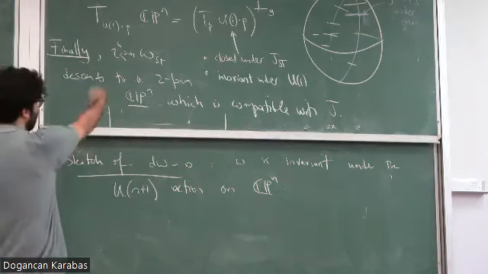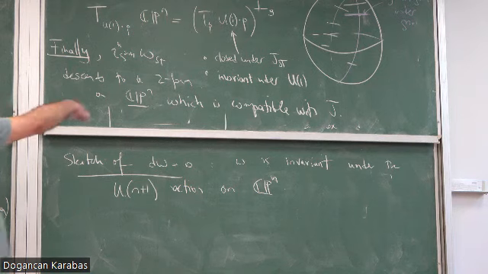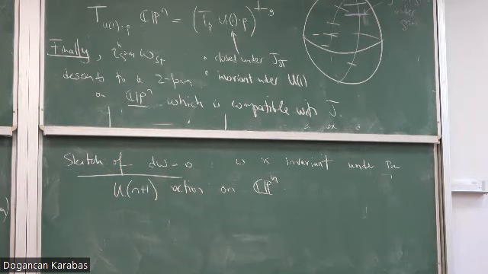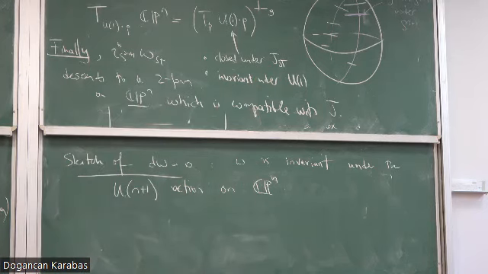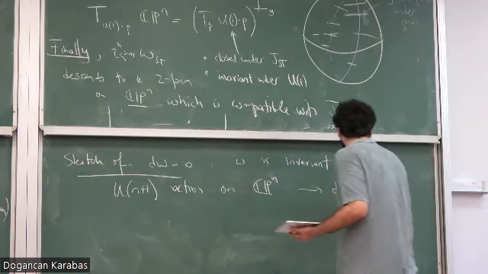So U_{N+1} acts on C^{N+1}, the standard action of the unitary group, and it preserves all of these structures: omega standard, g standard, J standard, everything is preserved. Because of that, when you look at the induced action on the quotient, so U_{N+1} acts on the sphere, and then you can induce an action on the complex projective space. And this omega, because of its construction, will also be invariant. Okay, so this means that d omega is also invariant.